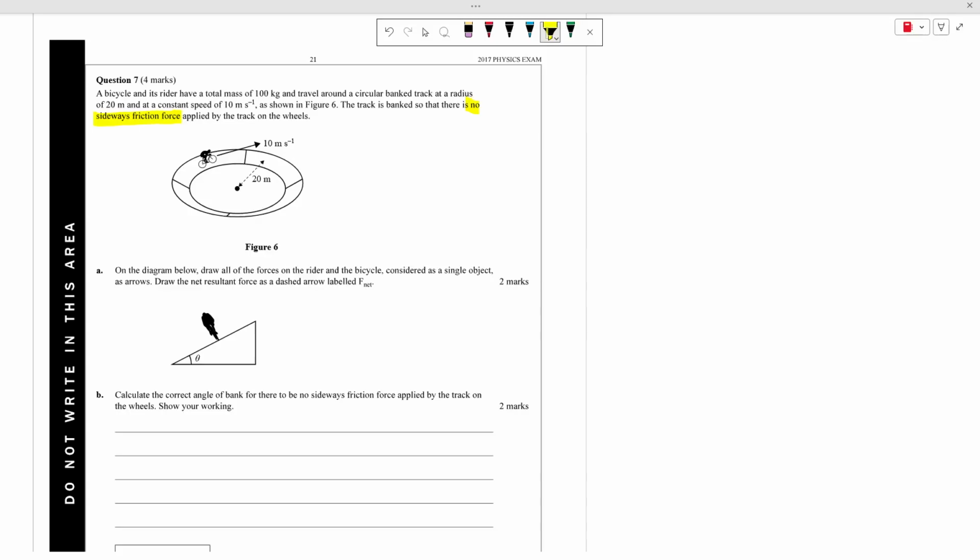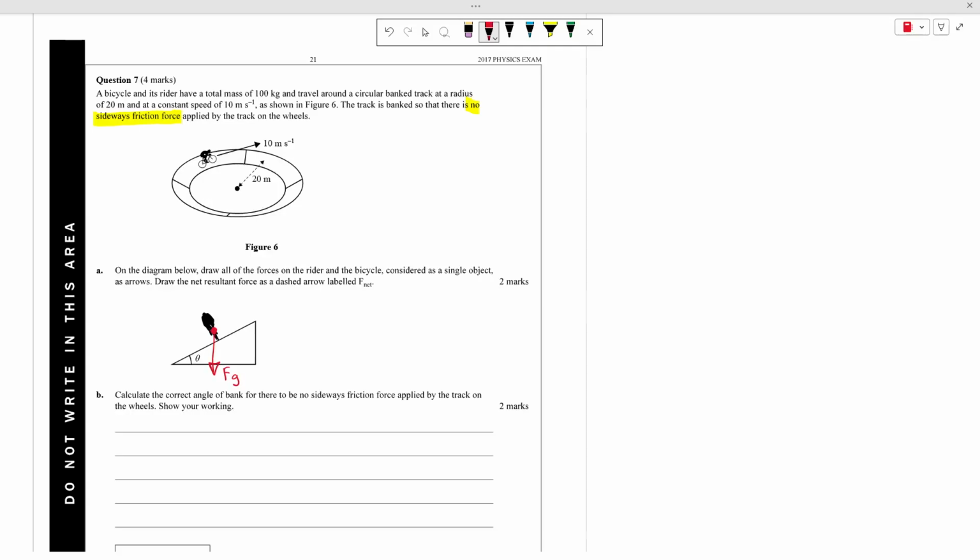A. On the diagram below, draw all of the forces on the rider and the bicycle considered as a single object as arrows. Draw the resultant force as a dashed arrow labeled F net. Let's think about the forces acting on this bicycle rider. If you're on Earth, there's gravity, so we'll point gravity down and label it Fg.